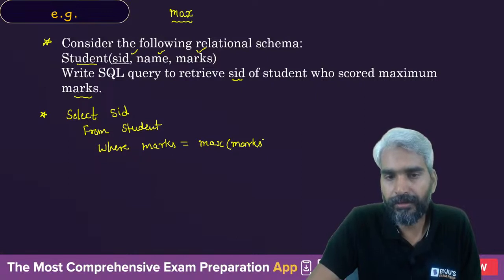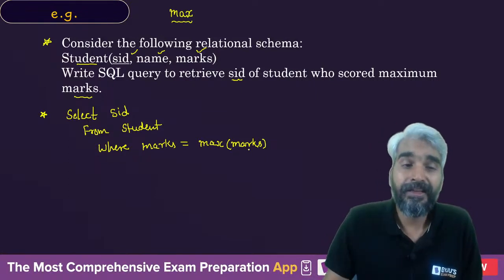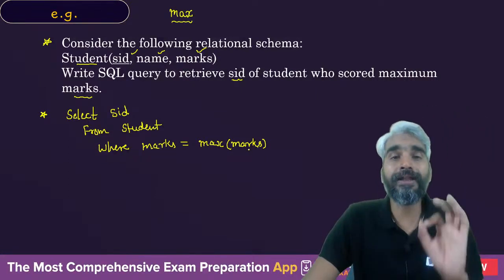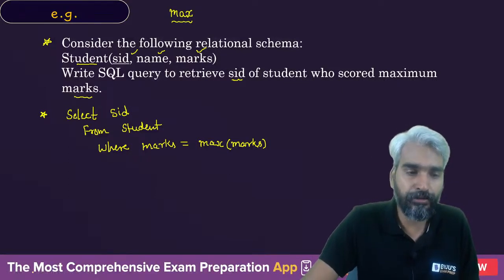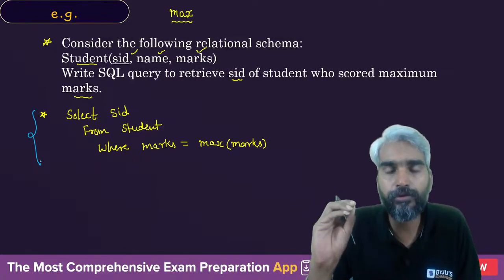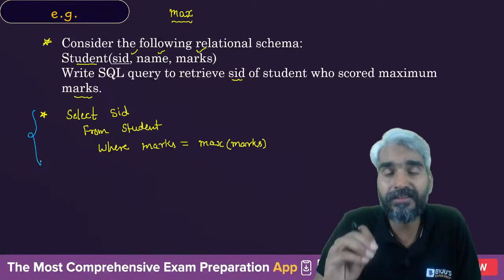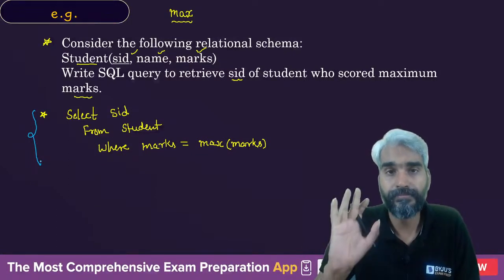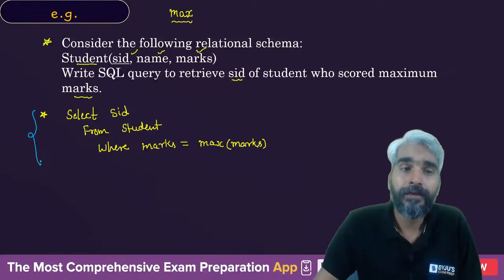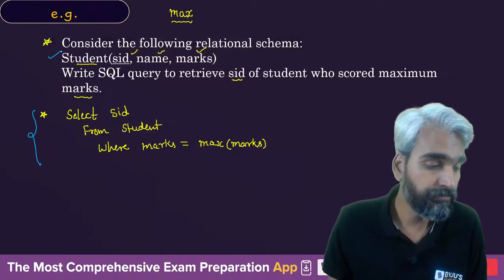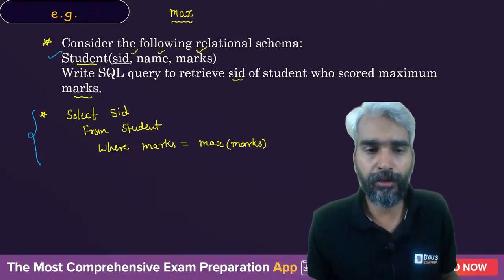of the marks. Now tell me, is this a correct query? That's the very first question. If any one of you is trying to give the answer for this particular question in the form of this query, then the very first thing to ask is, is this a correct query? What will happen if we apply this query on this relational table student? Give me two answers.